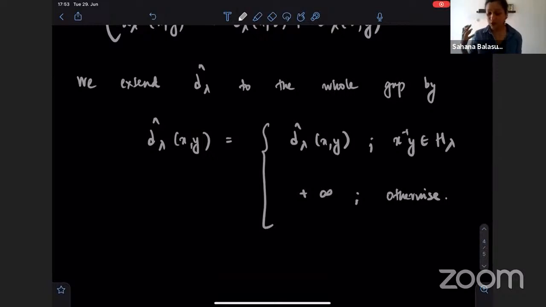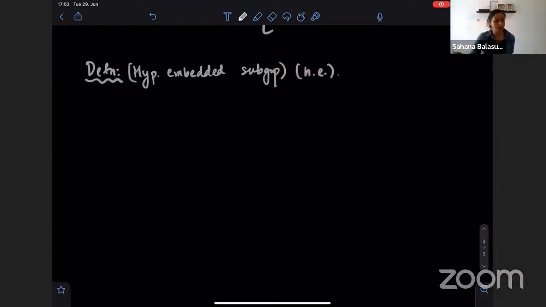Okay, so that was a lot of information, but we're finally ready to define what is, in fact, a hyperbolically embedded subgroup. And I'm going to abbreviate it as H.E. for future reference.